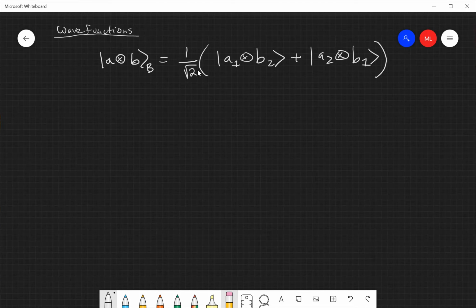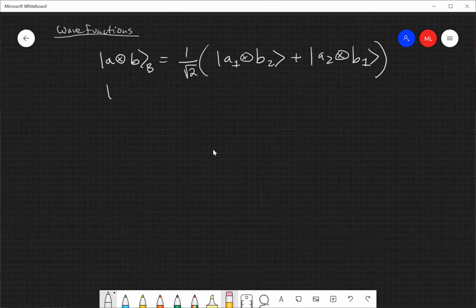You see, this makes perfect sense, because if we were to flip the labels 1 and 2, then these two states just transform into each other, and we'll get back out the same thing. So this is symmetrized, and we can still use these labels. It's just the overall state is symmetric under the switching of the labels.